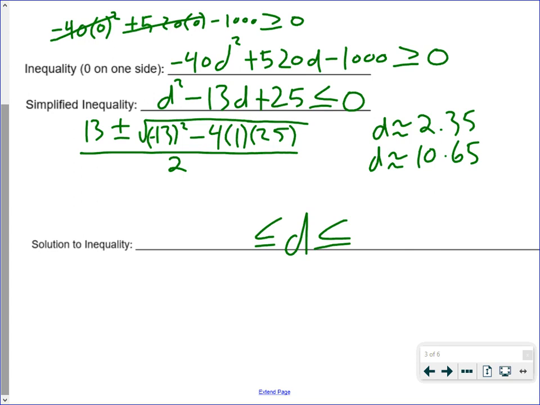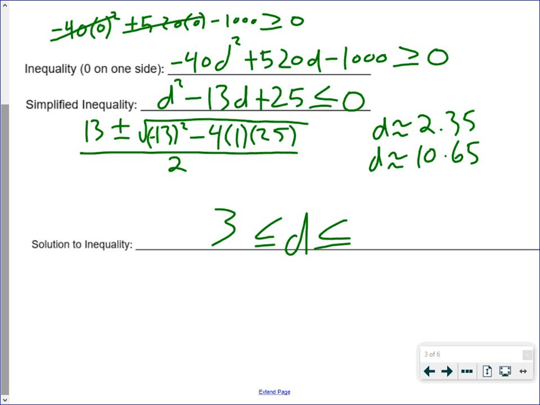What d equals 2.35 tells us is that we have to increase the dues by at least $2.35 to make a revenue of $13,000. Anything below that, we're not making $13,000 anymore. So in this case, we have to round up to 3. Anything less than $3, we're not making that revenue. And so if we go to 2, we're not going to have that $13,000. That doesn't work with the inequality.